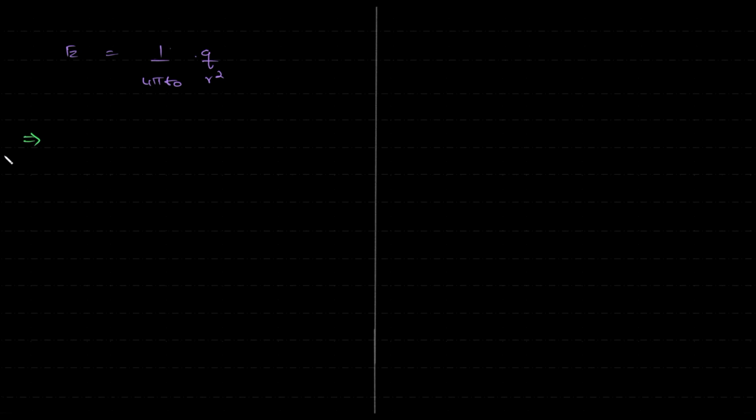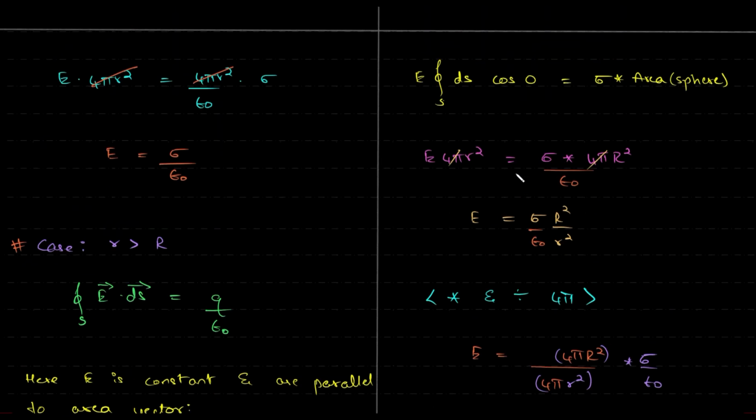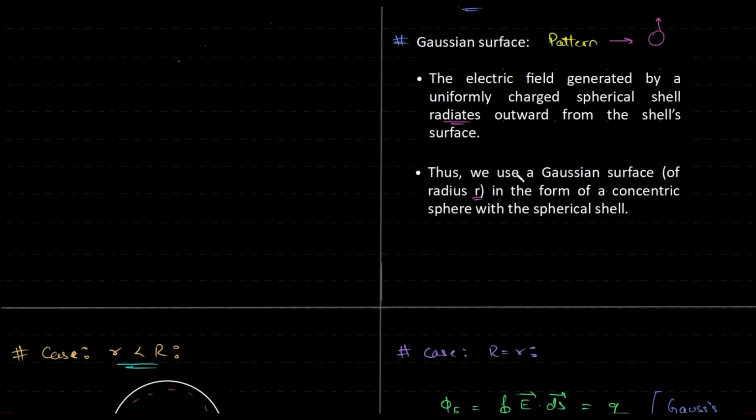So the conclusion is the charged surface or spherical shell behaves like a point charge. That's it. Agree?